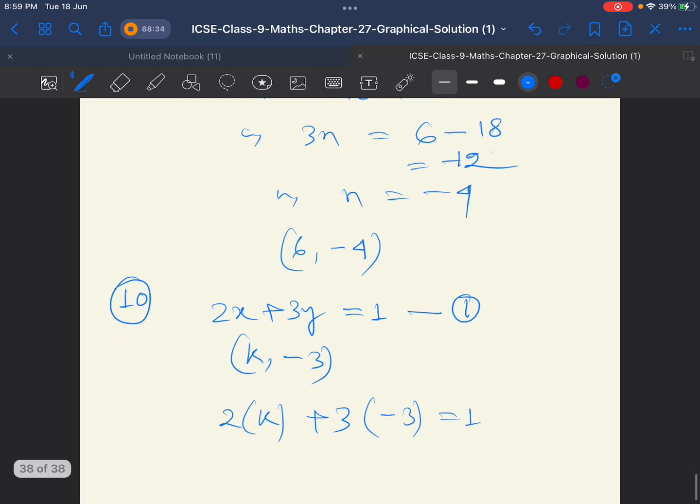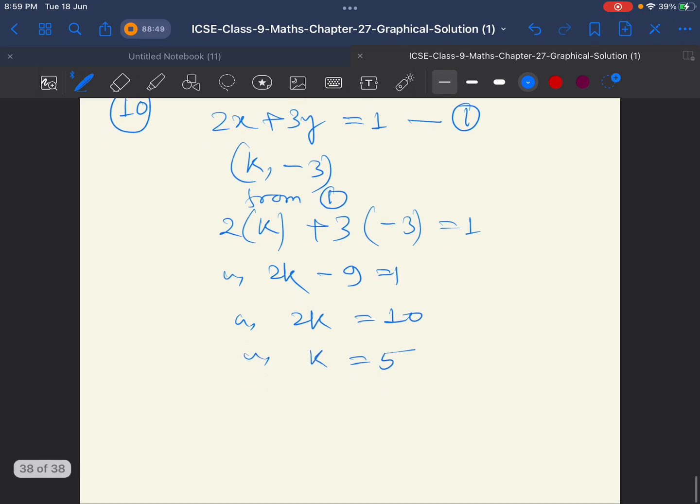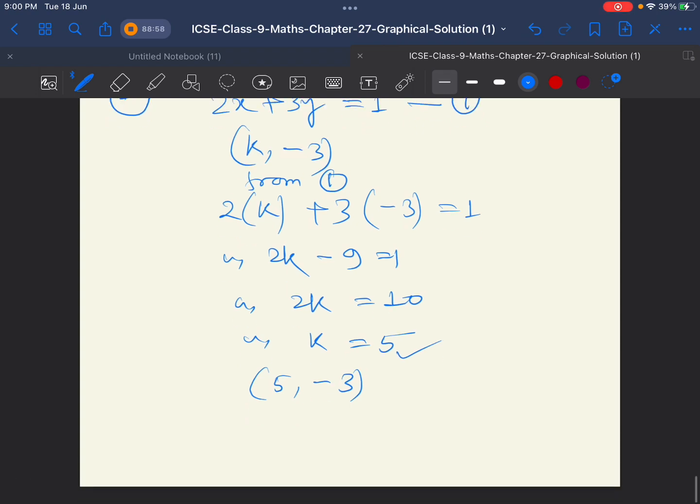Then here 2x is 2k, and we put y as minus 3, equals 1 from equation 1, or 2k minus 9 equals 1, or 2k equals 10, or k equals 5.